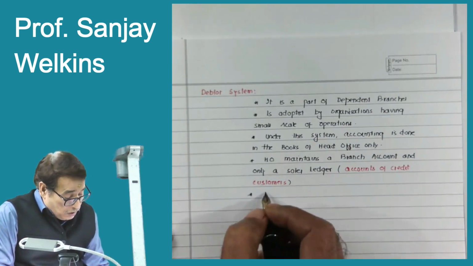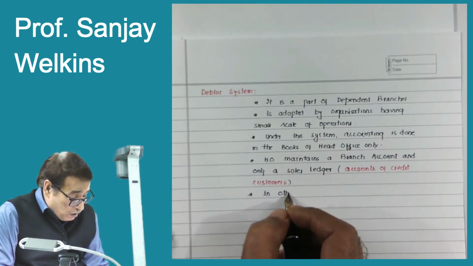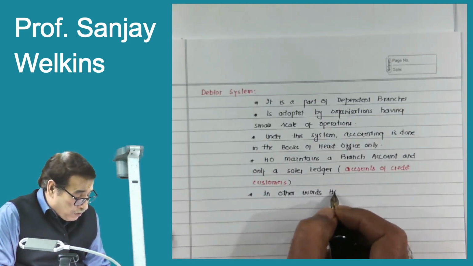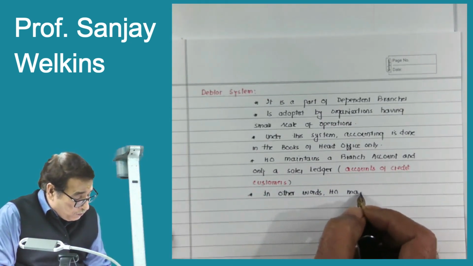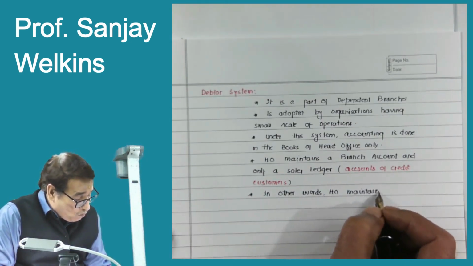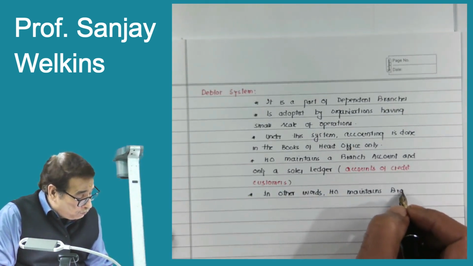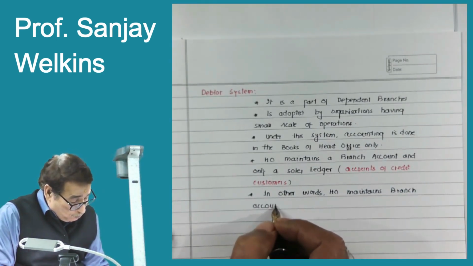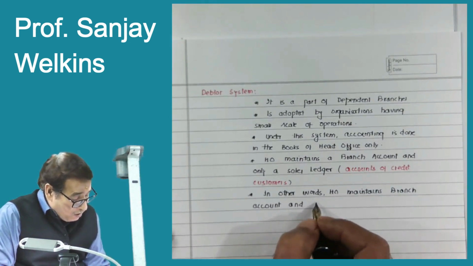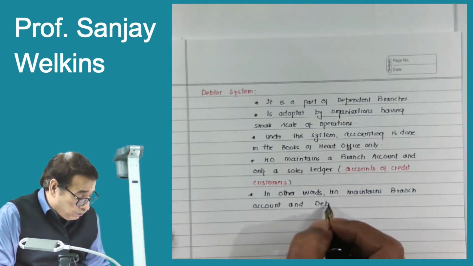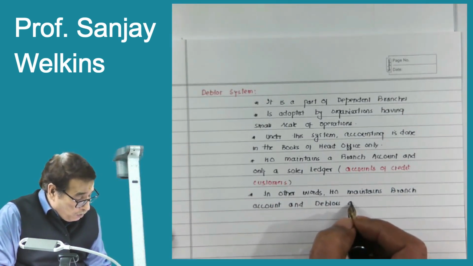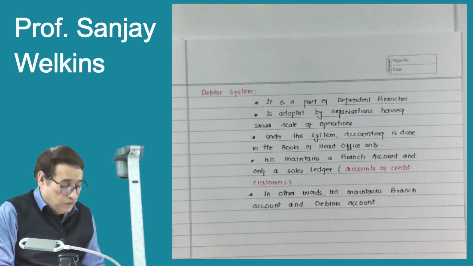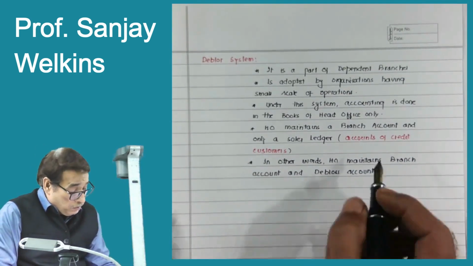In other words, head office maintains branch account and debtors account. And I told you earlier, that is also the reason why this system is known as the debtors system, correct?